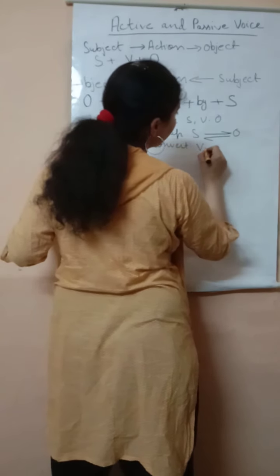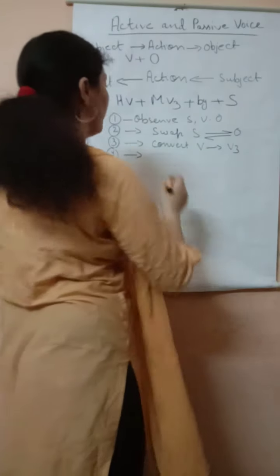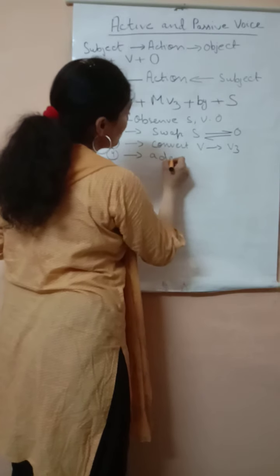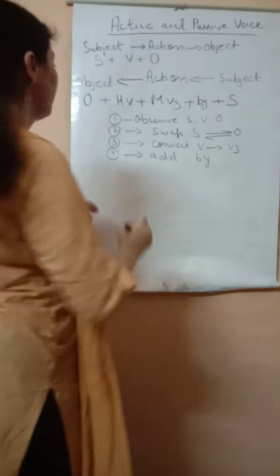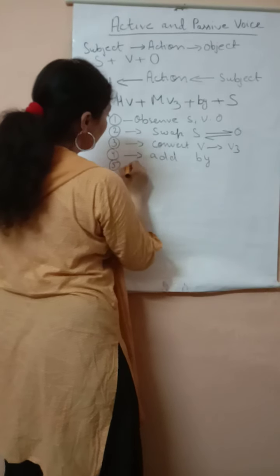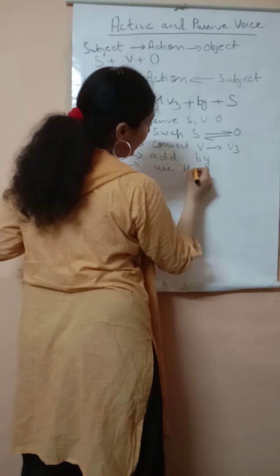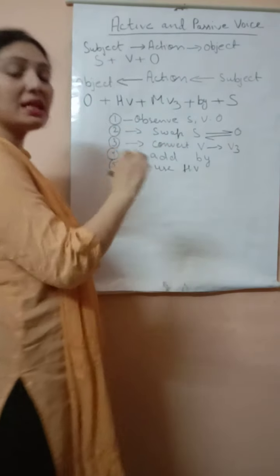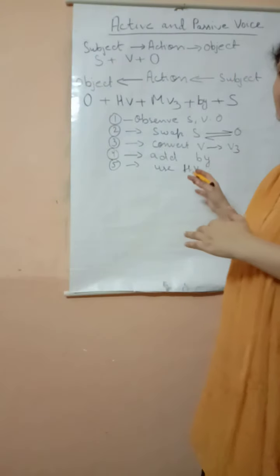Point number 4, we add a preposition, add preposition by before our subject. Point number 5, use helping verb. So these 5 things we have to follow to change a sentence from active voice into passive voice.